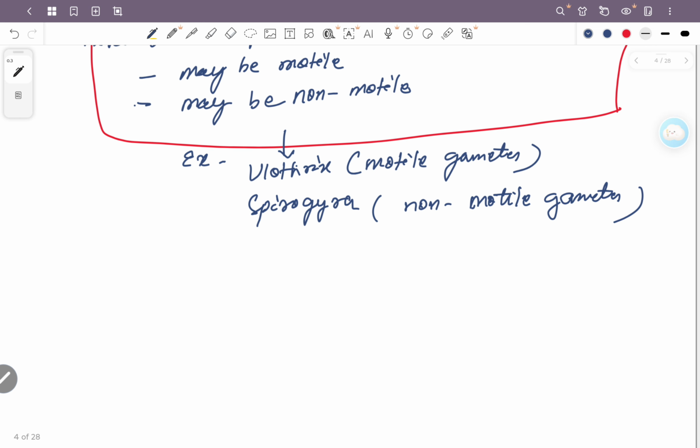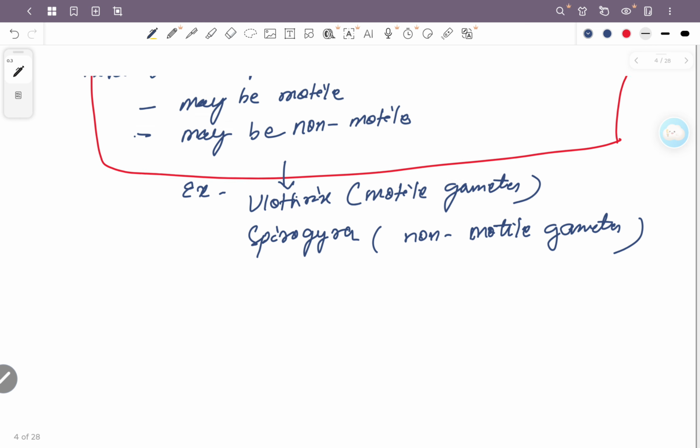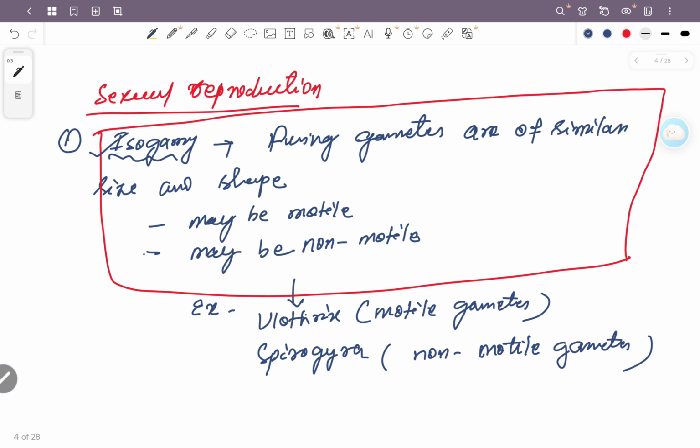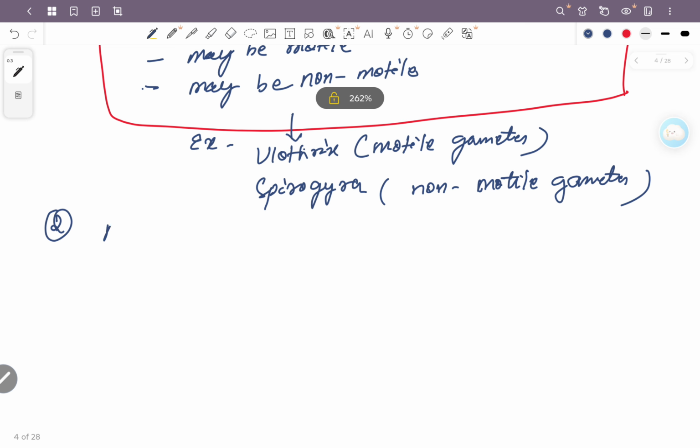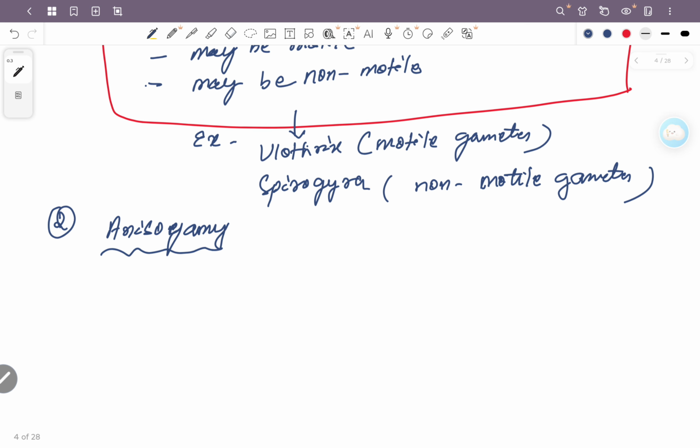Now come to the next type, the second type of sexual reproduction. The first one is isogamy. Now the second one is anisogamy. Okay, so aniso means dissimilar. So the fusion of two gametes of unequal size.